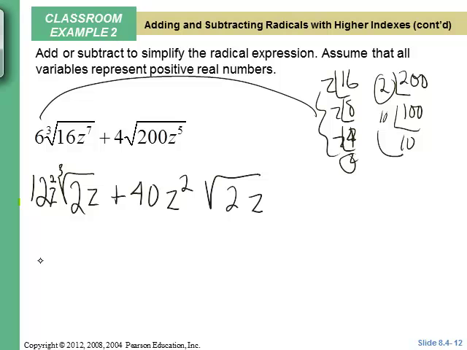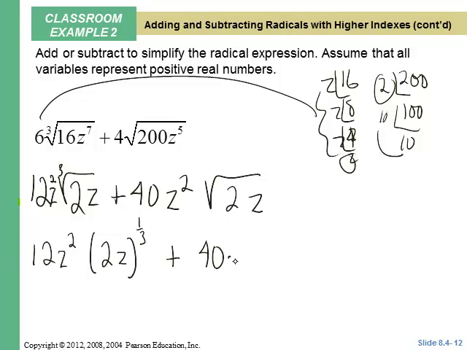this is 12z squared 2z to the, what would that be, 1/3 plus 40z squared 2z to the 1/2.